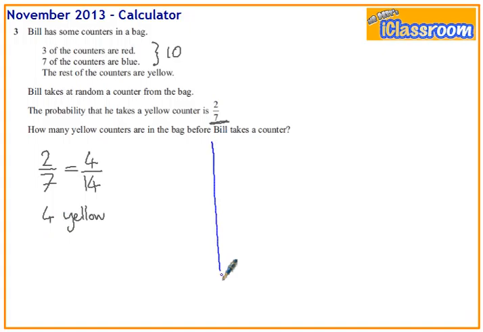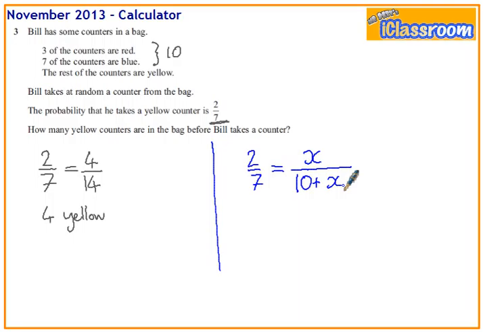If we don't like that, there is a method that we can use that involves algebra, and that is to say that the probability that we pick a yellow counter is 2 out of 7. Now that's the same as the number of yellow counters, which I don't know, out of the total number of counters, which is going to be 10 plus the counters I don't know.